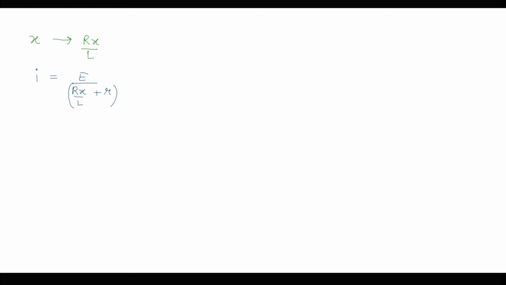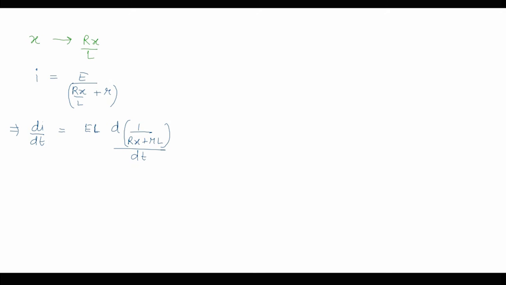So from here, if we calculate the value of di by dt, we can take EL as constant and differentiate this part, Rx plus RL, with respect to time dt.